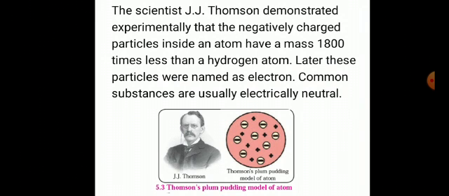Later, these particles were named electrons. Common substances are usually electrically neutral. As we have discussed in the previous slide, an atom is electrically neutral because positively charged particles are always equal to negatively charged particles.